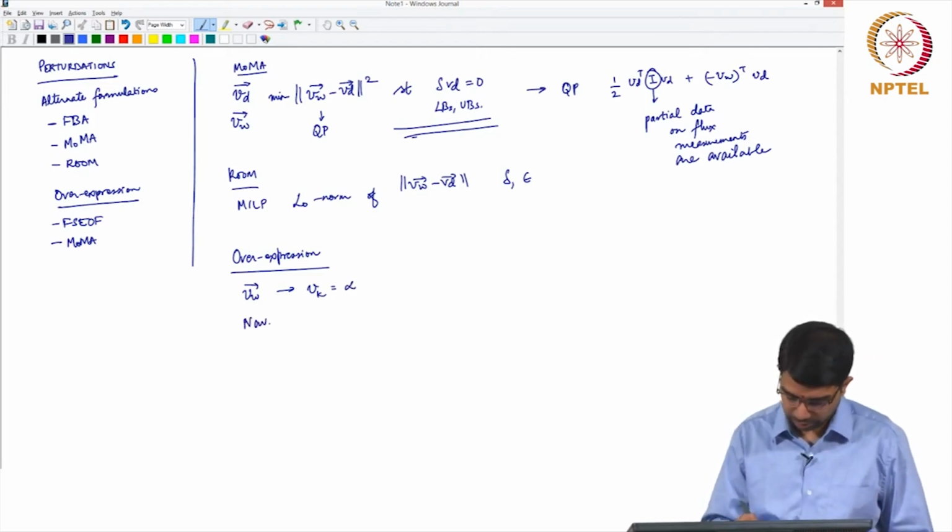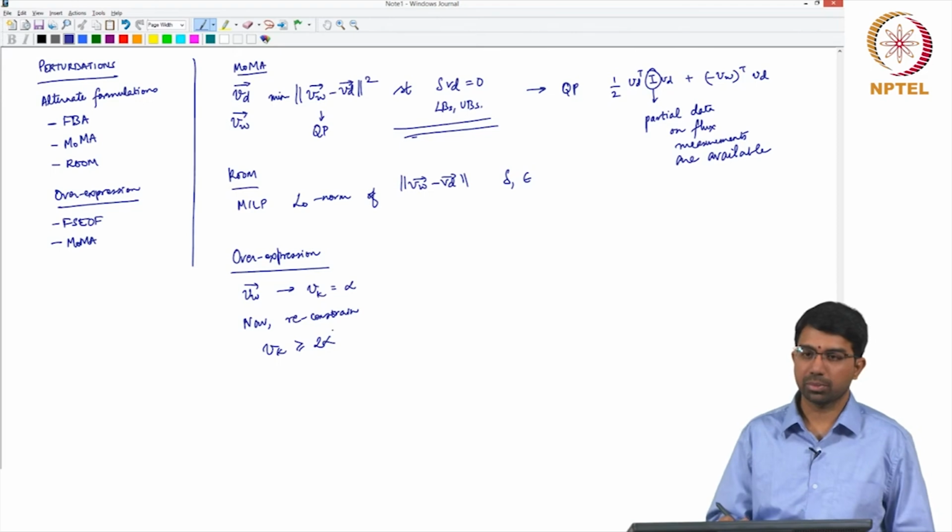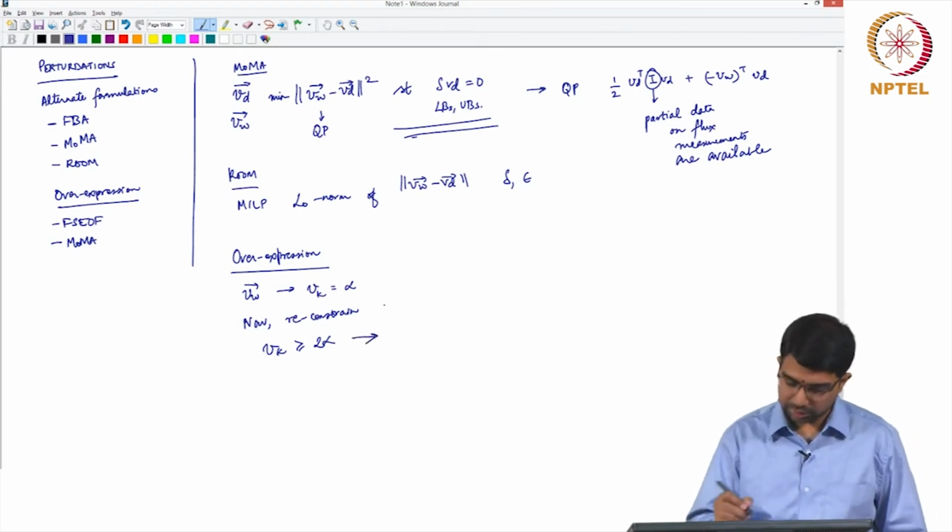Now reconstrain, right, Vk greater than or equal to 2 alpha and run the same old FBA formulation.